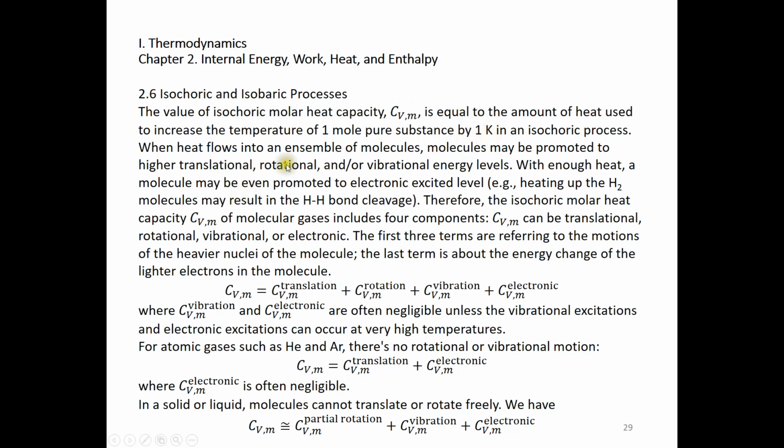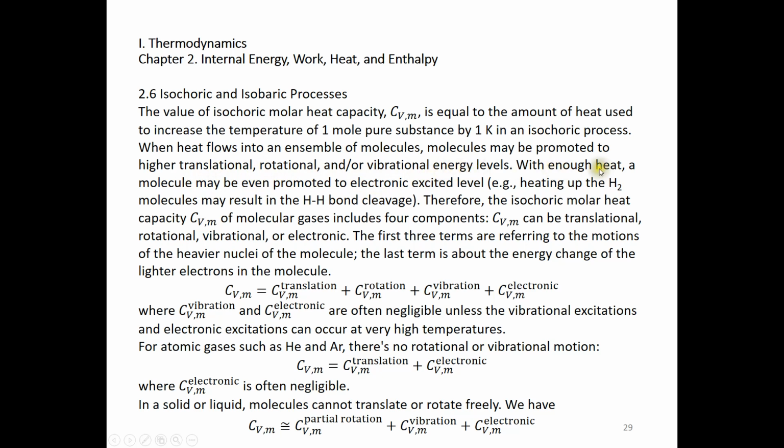When heat flows into an ensemble of molecules, this just means a bunch of molecules, usually a large number of molecules, some molecules may be promoted to higher energy levels because molecules can have translational motion, rotational motion, and vibrational motion. Then we have translational, rotational, and vibrational energy levels.